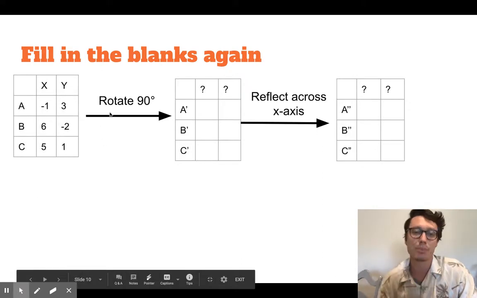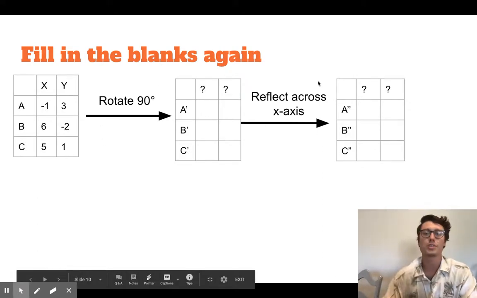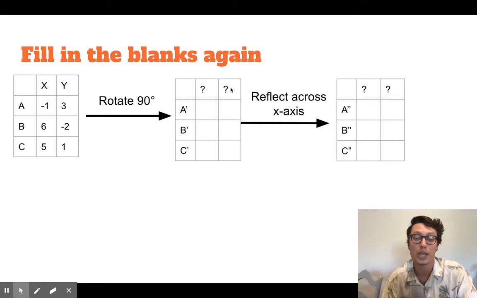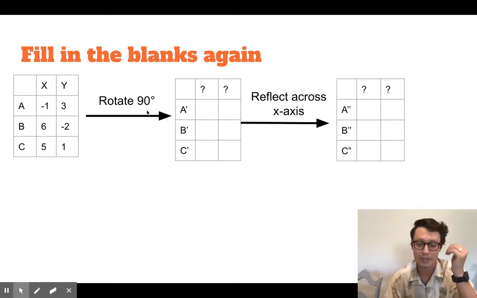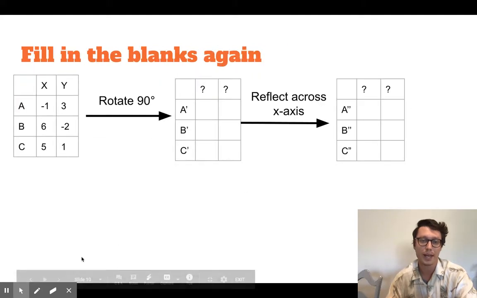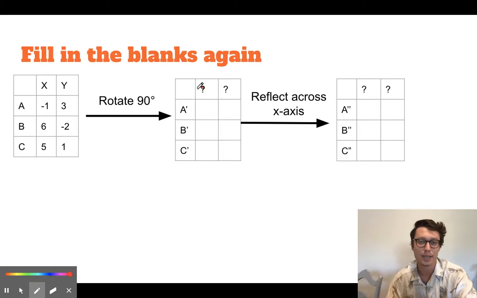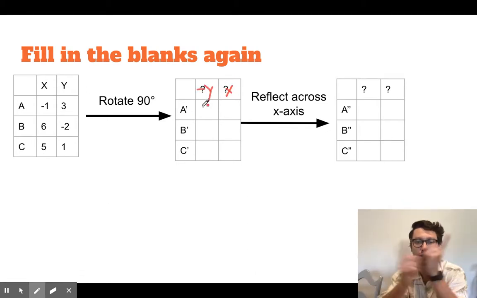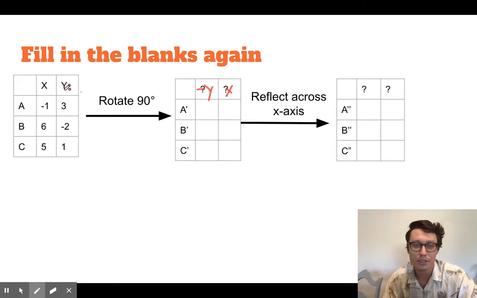A next example, this time they tell us what transformations to do, but we have to write in the rules. So rotate 90 degrees. You can flip back through. (x, y) changes to (-y, x). So we write that in. All we're going to do is flip the numbers, and we're going to change the sign of our y numbers.